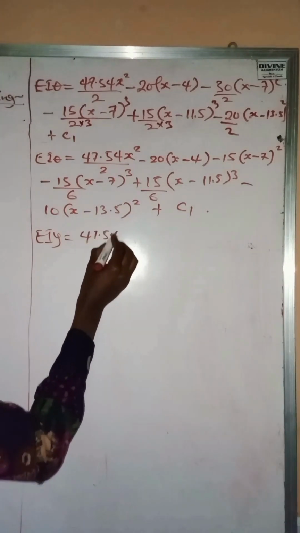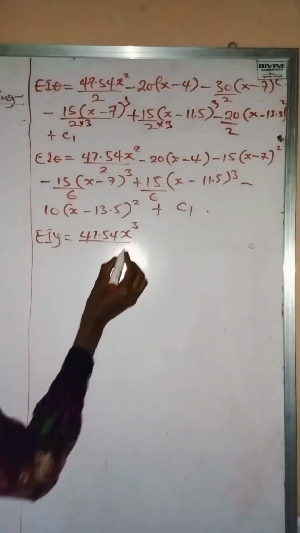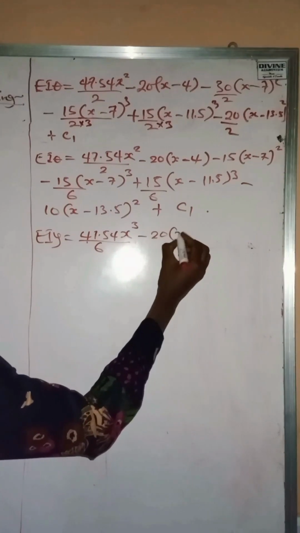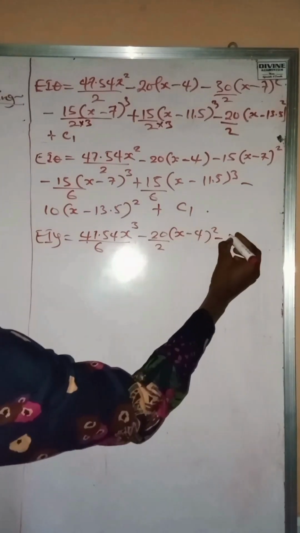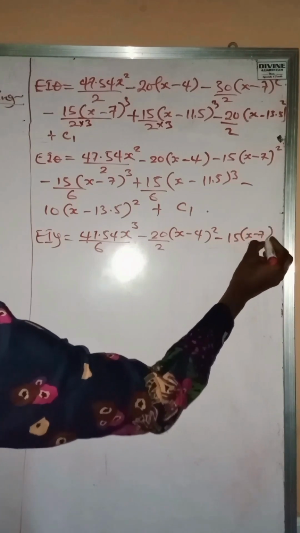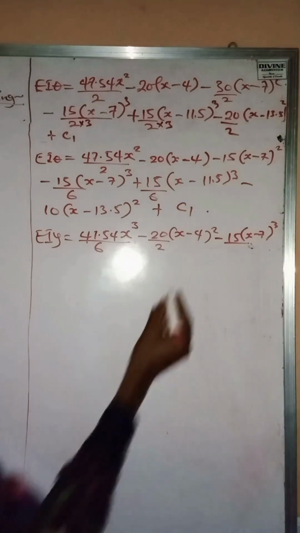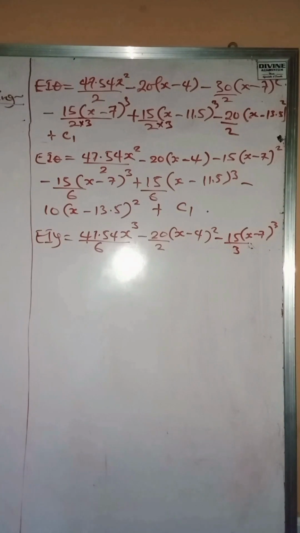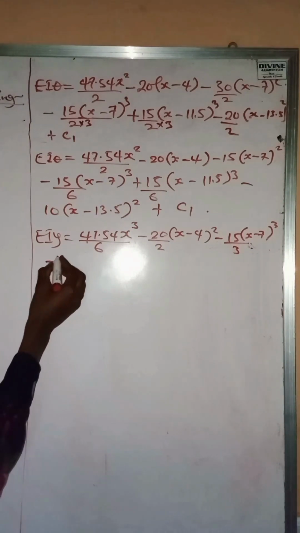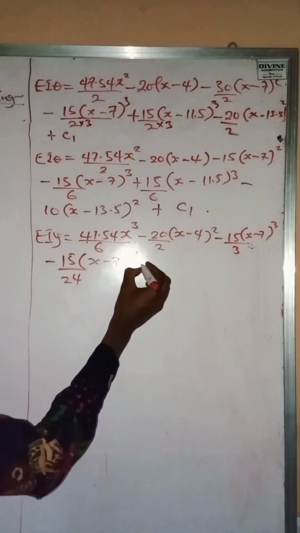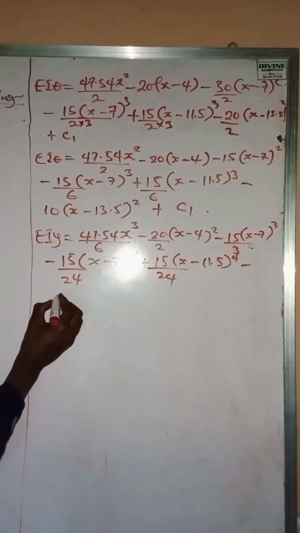Now the deflection expression, we're having it as this: 47.54 x raised to power 3 over 6, plus minus 20 bracket x minus 4 raised to power 2 over 2, minus 15 bracket x minus 7 raised to power 3 over 6, sorry, power 4 over 24.